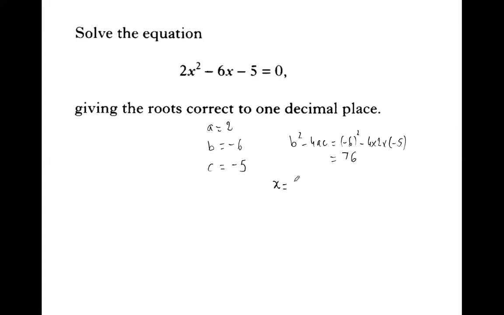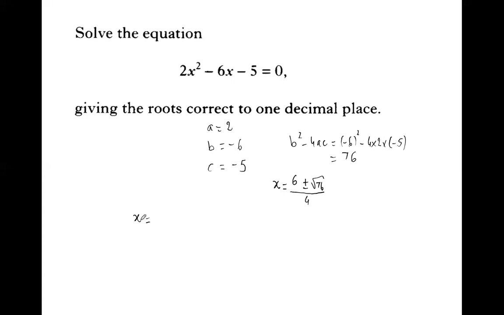My answer would be x equals minus b, so plus 6, plus and minus root 76, divided by 2a, which is 4. So you would plug that in your calculator.